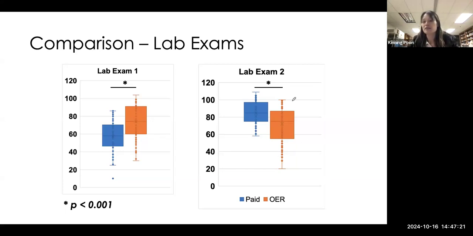Lab exam 2, however, was a slight decrease compared to the paid manual. And that may have to do with the fact that because of some of the lost days for labs, we ended up having to cram some of the contents into one lab session. So the second half primarily focuses on animal physiology and anatomy.